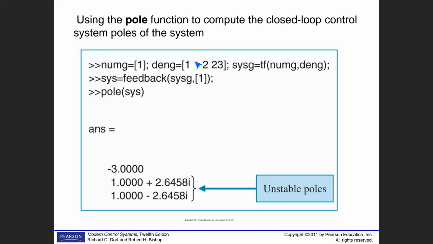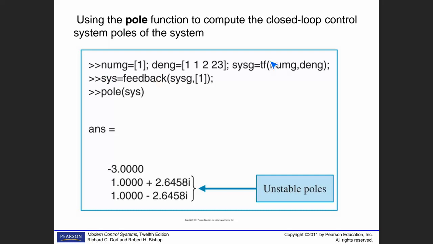So we first write the num, then write the denominator, then we define the system, which is the transfer function numden, then the feedback system 1. So that means the system is solved with feedback. So that means 24 is going to be involved, you remember.